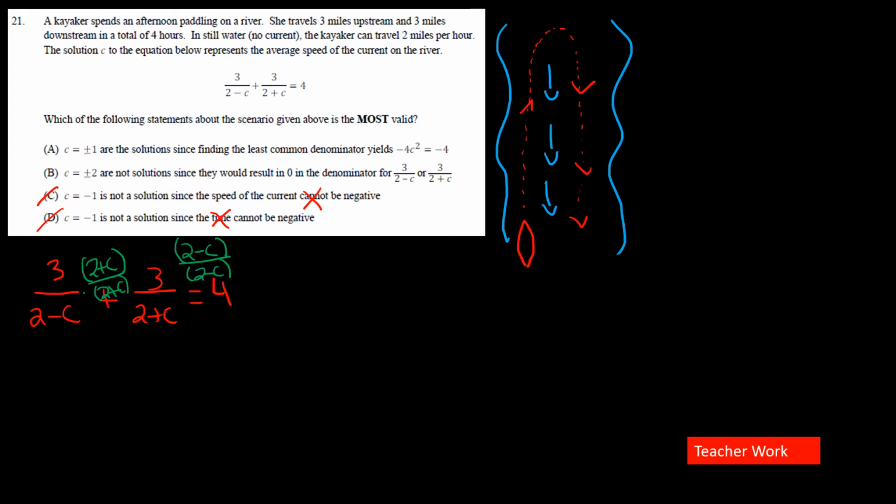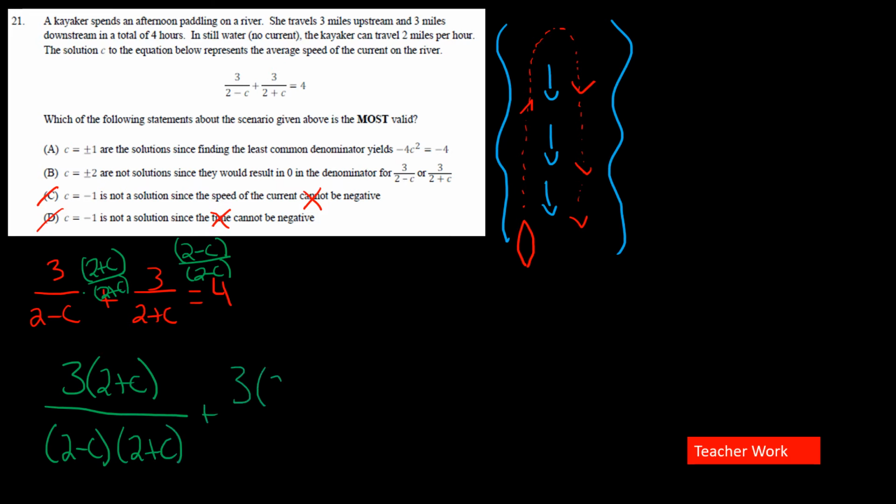Okay, and so what ends up happening, long story short here, is we would get 3 times 2 plus c over 2 minus c times 2 plus c plus 3 times 2 minus c over 2 minus c times 2 plus c equals 4. So now these are our common denominators here.